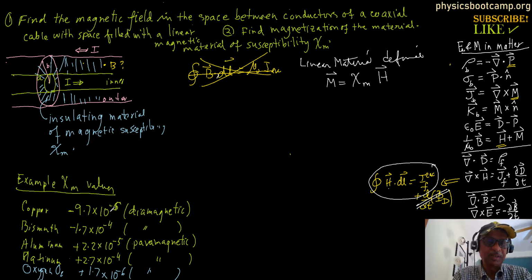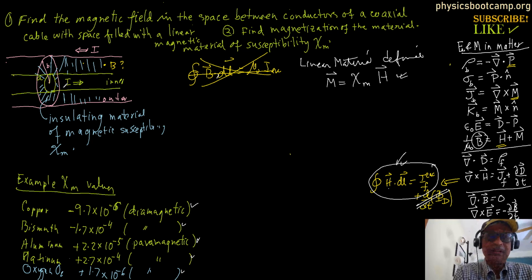For diamagnets, magnetization is opposite to the H direction, and for paramagnets, it is in the same direction as H. So if you had oxygen, magnetization will be in the same direction as H. Find H this way, then find M, add them, and we get B. That's our strategy. So how are we going to find H?